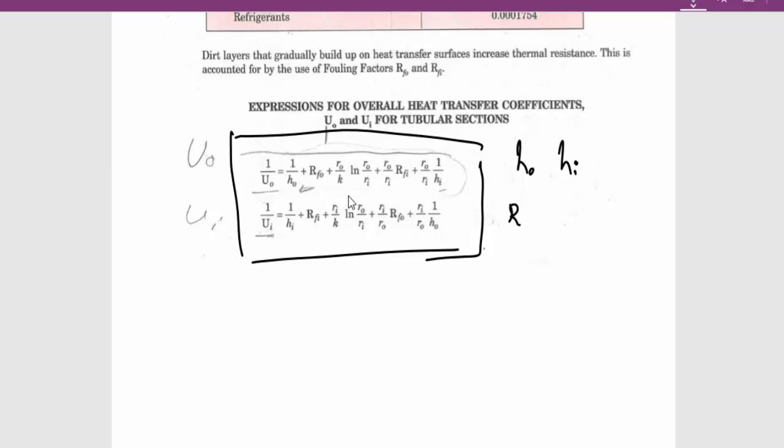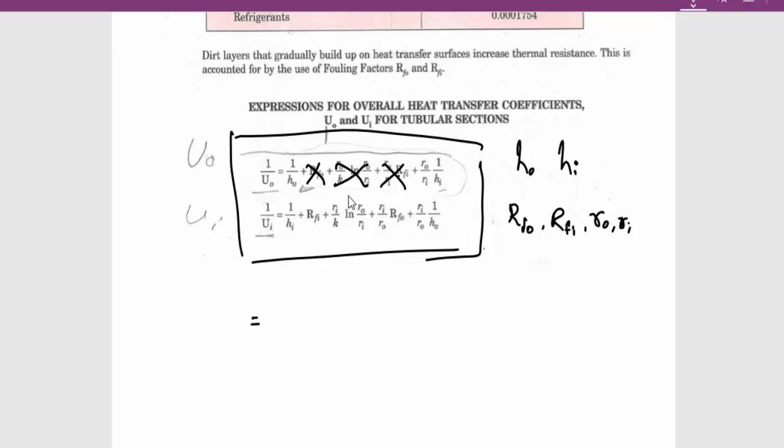The values RF naught, RFI, R naught, RI are not given in the problem, so these have to be omitted from this equation.